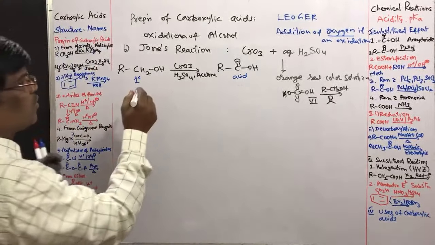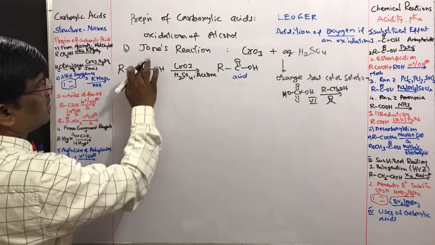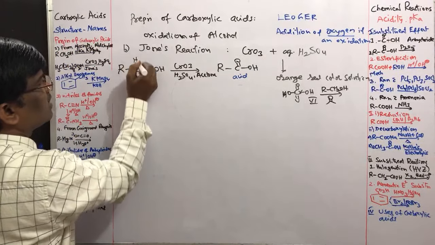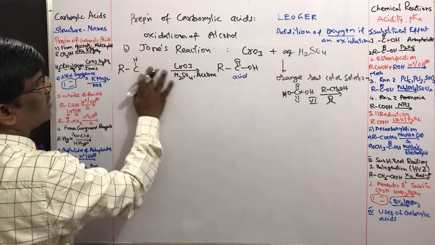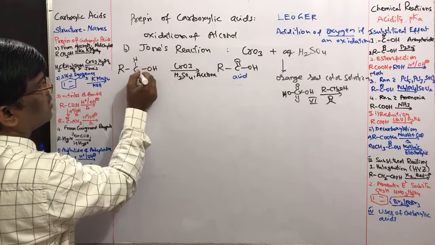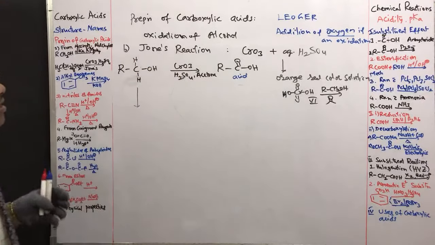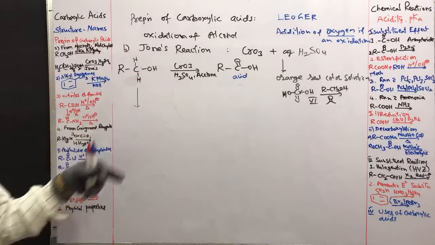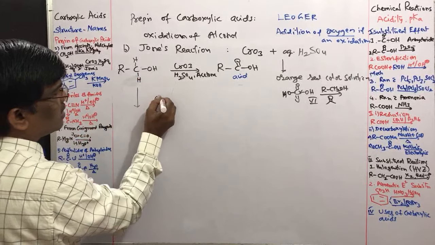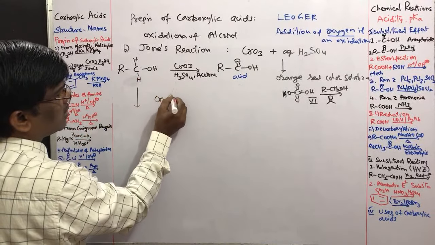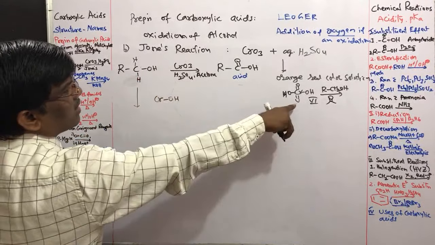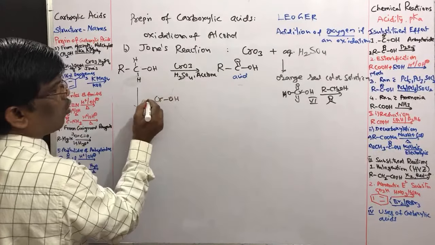So it is very simple, students. I can write this as hydrogen. So this is the primary alcohol in presence of chromium trioxide. This chromium trioxide is going to form this chromic acid.